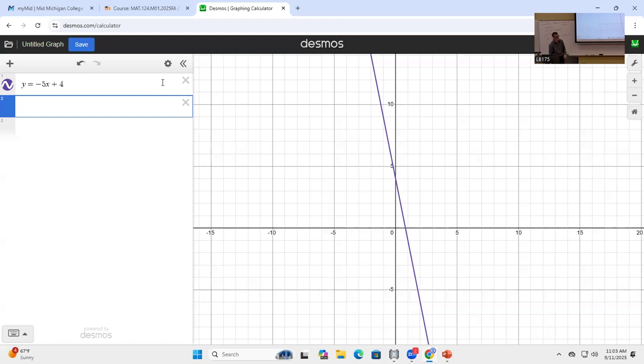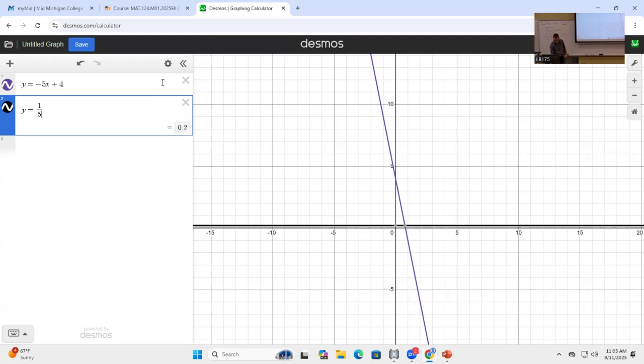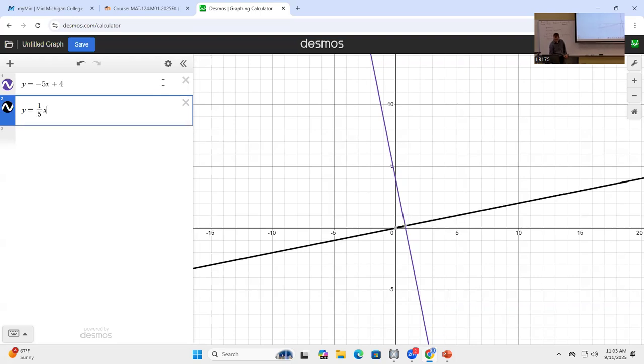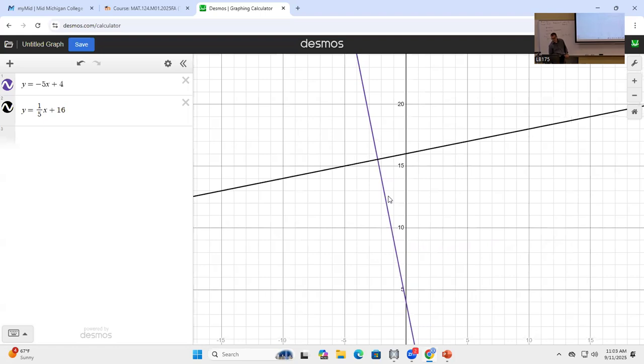That was the given line. And the line we just found was y is equal to 1/5 times x plus 16. You can look at those and decide for yourself if they're hitting at 90-degree angles, and sure enough, they are.